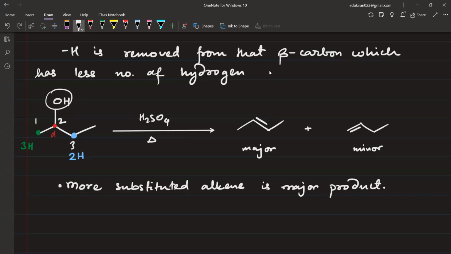What is the meaning here? Please see very carefully. When we talk about alkene, you have to focus on this carbon atom and this carbon atom. If I talk about this minor product, then you will have CH2 here, so you have to focus on this CH2 carbon atom and this carbon atom here.